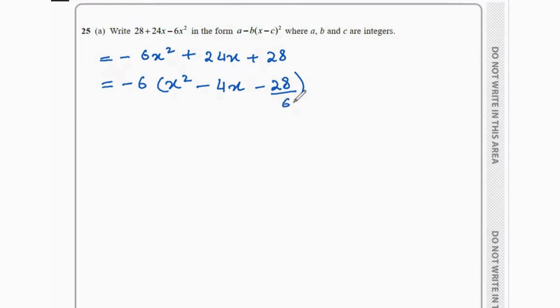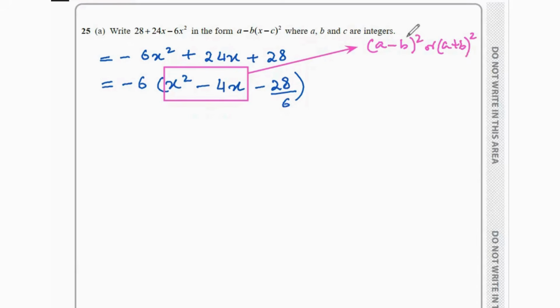Now, once we've done that, we have to complete the square. So the square that we have to complete is this. For completing this square, you need to remember that a complete square is either a minus b whole squared or a plus b whole squared.